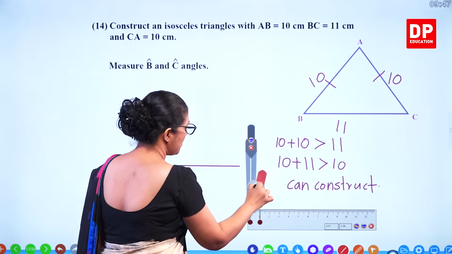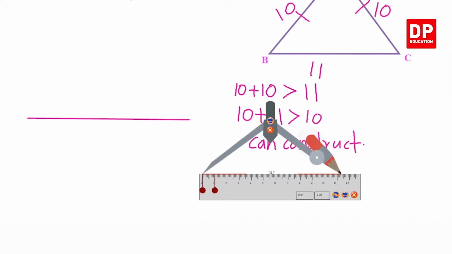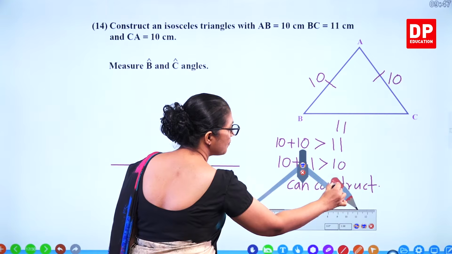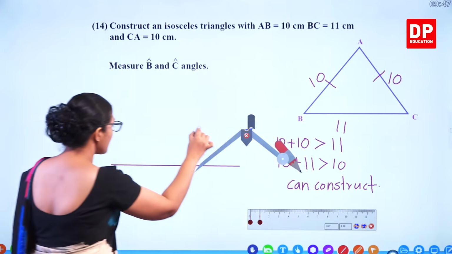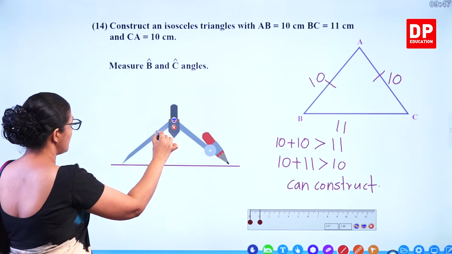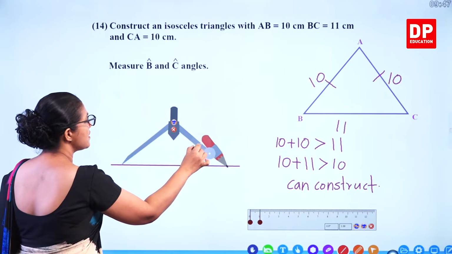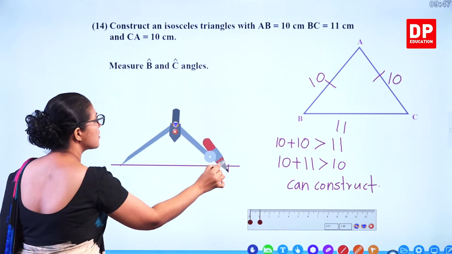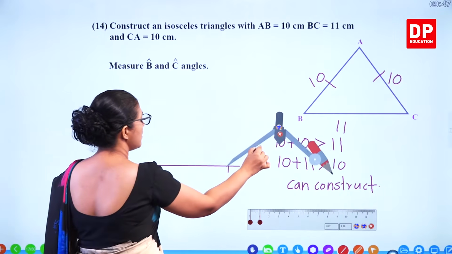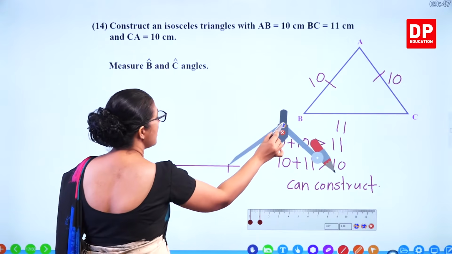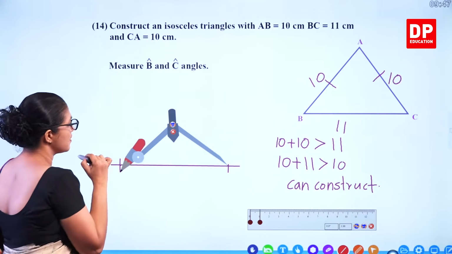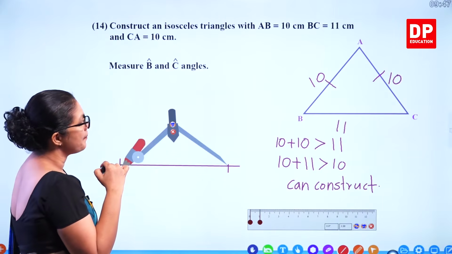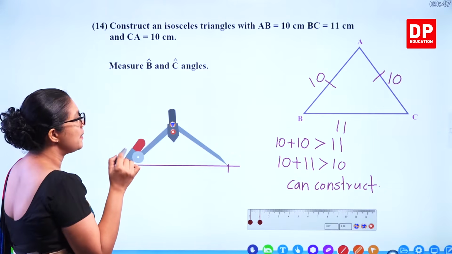Measure 11 centimeters here. Now keep the compass on top of this line and mark the arcs here, and again on the other side you can construct the arc here. So two arcs there, that's BC.